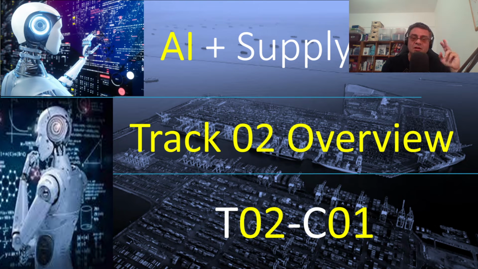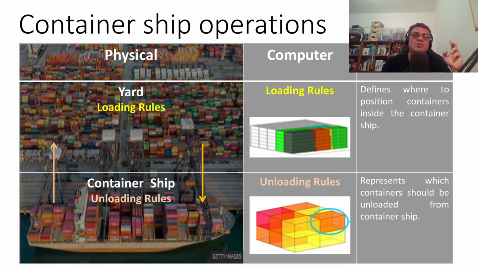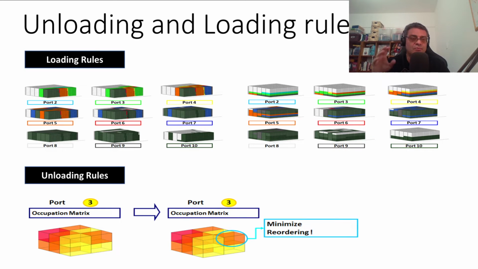In the second track, we talked about how you could load or unload containers in a container ship by using loading and unloading rules functions. Different kinds of loading rules will have an impact in the long range, as containers travel through ports, and will fill the ship in different ways, with different impacts in terms of stability and number of movements.